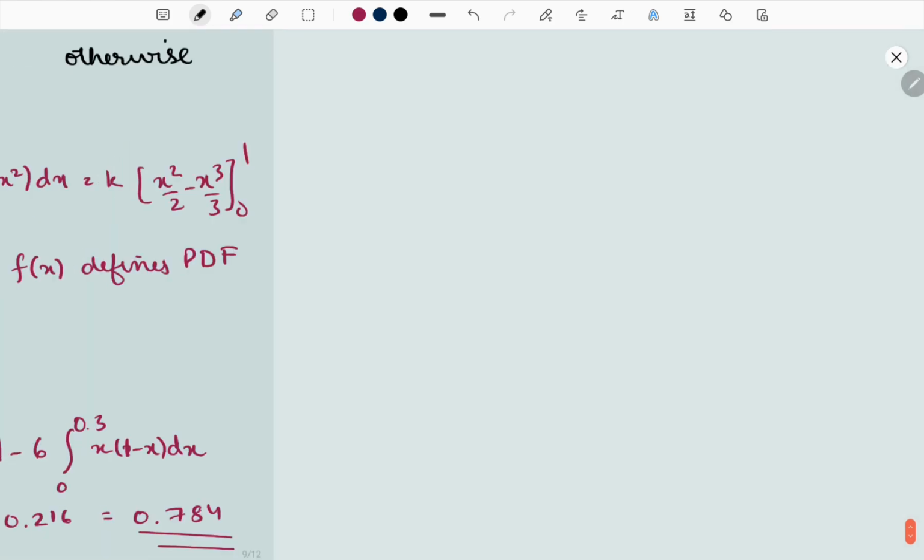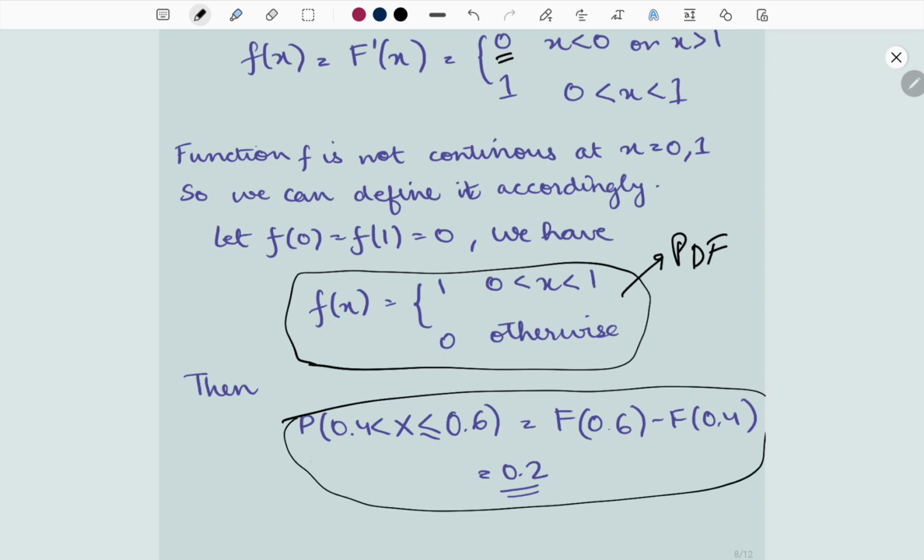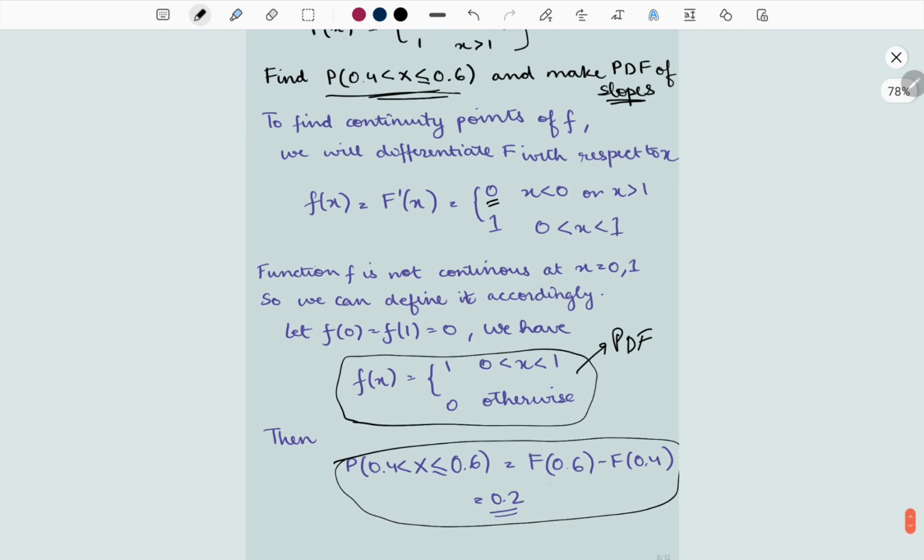This will be a PDF function, so we can just create a graph from this. Now coming to the main part, the formula I told you about: P of 0.4 to 0.6 will be f of 0.6 minus f of 0.4, which will be 0.2.